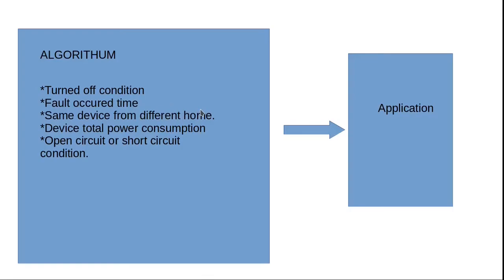And another thing is the device total power consumption. This is required only to check whether the power consumption is running in a proper condition or not. The power consumption values will be taken just to get how much power was consumed, because we are using them for future reference.